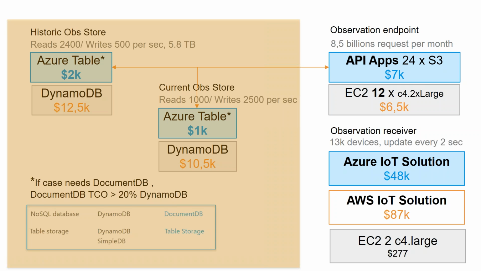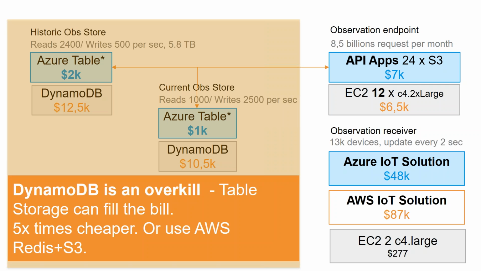You might have DocumentDB as a NoSQL solution, and then you might have a table storage, cheapest, right? And because we knew the use case in this instance, we know that Azure Table will be sufficient, right? That dramatically reduced the TCO. And we're saying DynamoDB is an overkill. You can use Table for your use case, 5 cents cheaper.